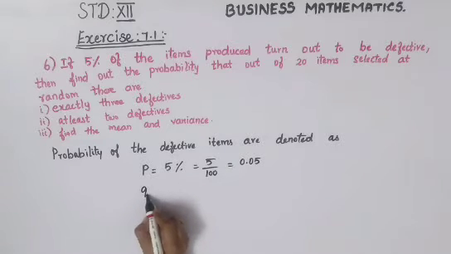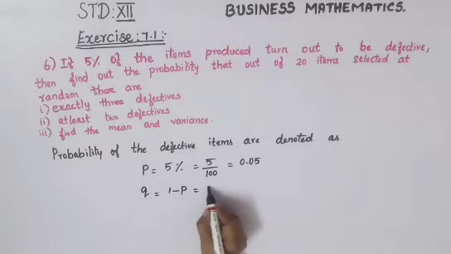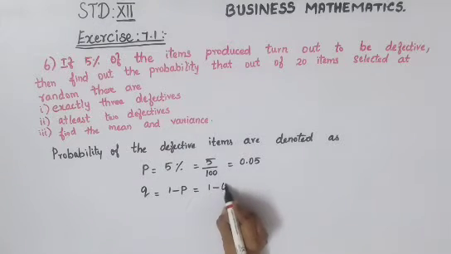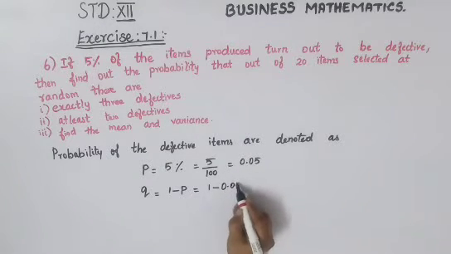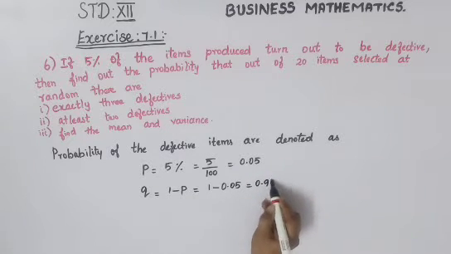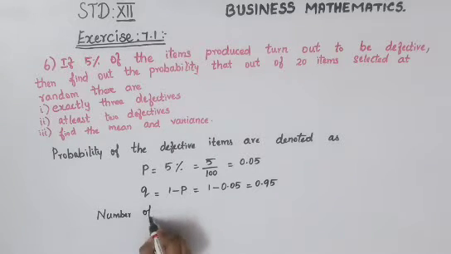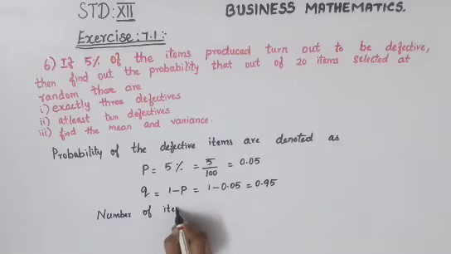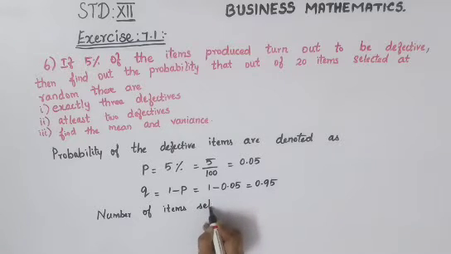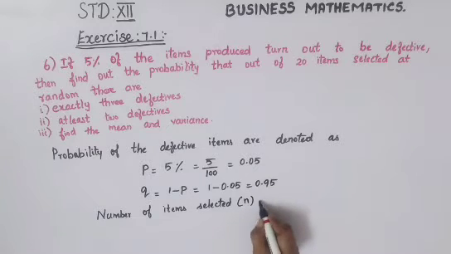Your Q has a formula, 1 minus P, which is 1 minus 0.05, so we get 0.95. The number of items selected, we can denote as n, that is equal to 20.